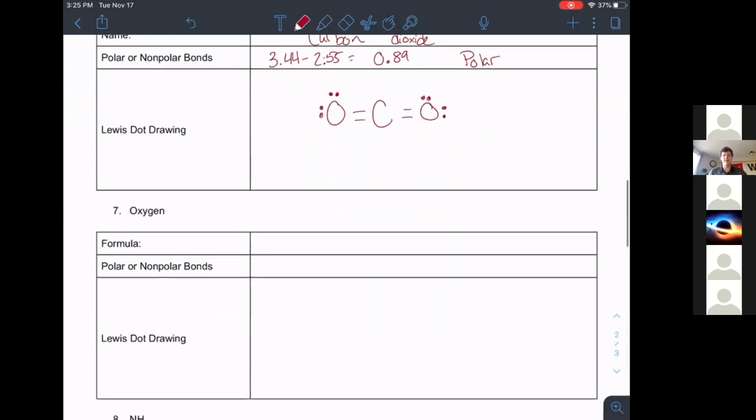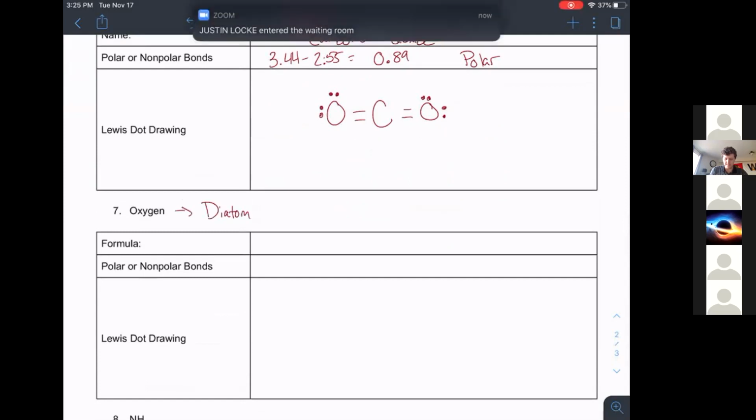I think number 7 was probably the trickiest one, because we have to remember that oxygen is a diatomic. What a diatomic is, is that it will never be found alone. So when I give you the name oxygen, I'm looking for O2.